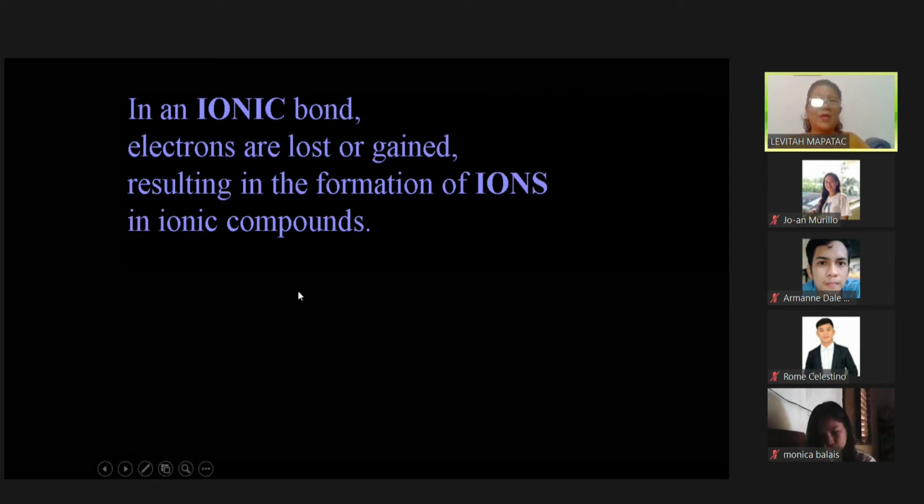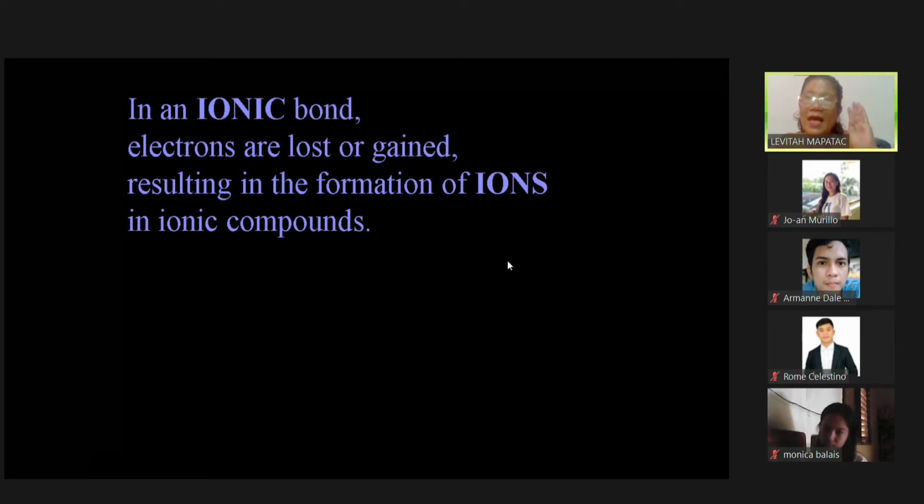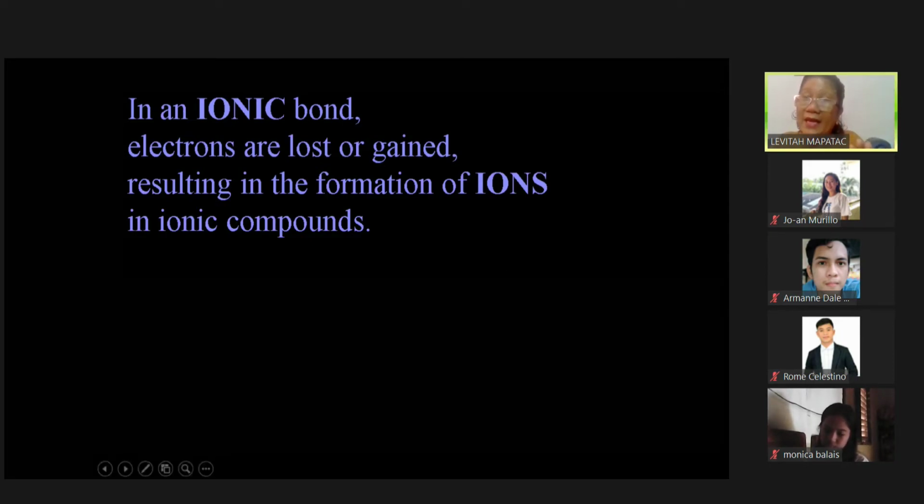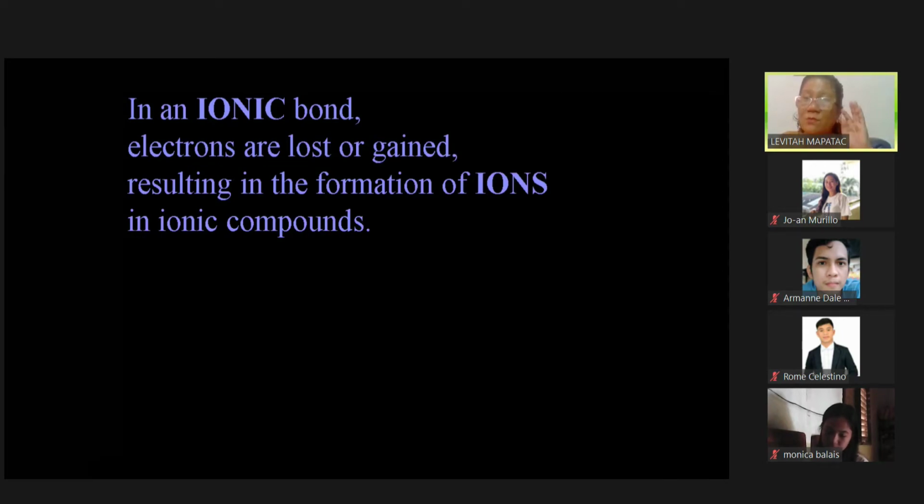Okay, so in ionic bond, always remember this is a transfer of electron. Transfer of electron. Because electrons are being transferred, meaning one element has an excess of electrons, and the other element lacks electrons. Each element should have 8. This element A should have 8 electrons. This element B should have 8 electrons.